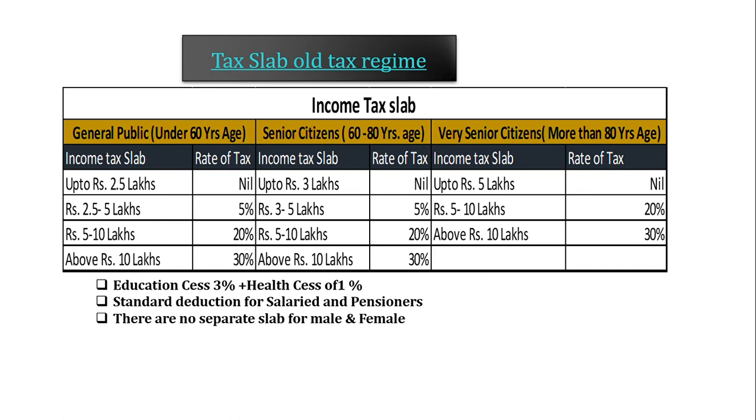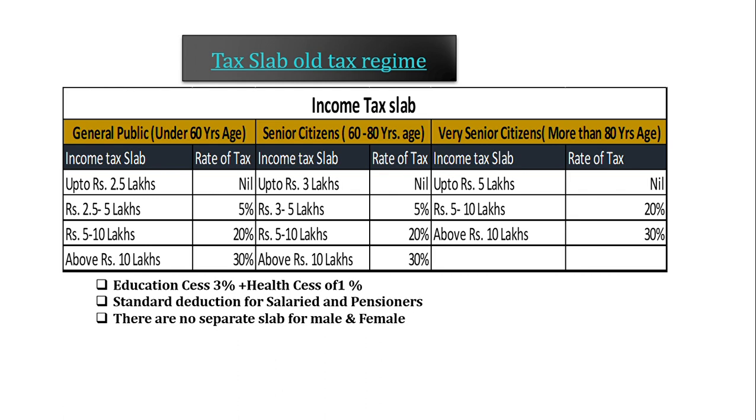Up to 2.5 lakhs, there is no tax. From 2.5 to 5 lakhs, 5% tax is introduced. From 5 to 10 lakhs, 20% tax, and above 10 lakhs, 30% tax is there.